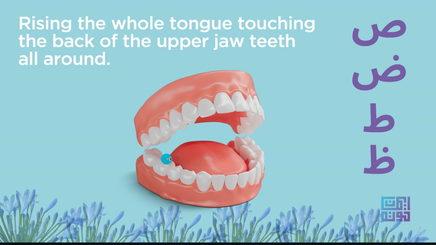The tongue rises up and touches the back of the upper jaw teeth all around. And this is called itbaq. You know, itbaq means something closes on another thing. And this is what's happening.